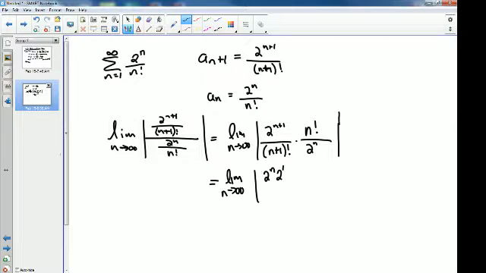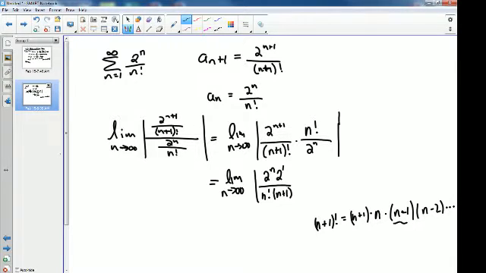N plus 1 factorial is n factorial times n plus 1, because n plus 1 factorial is n plus 1 times n times n minus 1 and forever on, right?